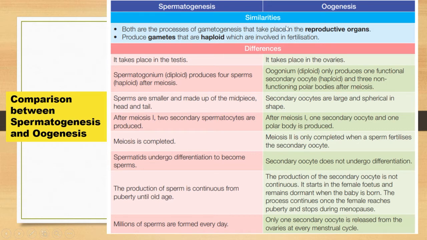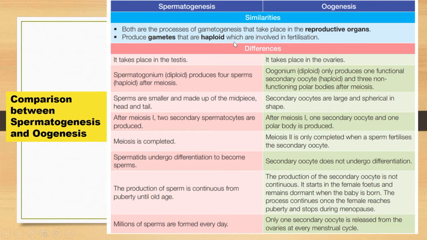Number two, you have to state both here: both produce gametes that are haploid and that are involved in fertilization.